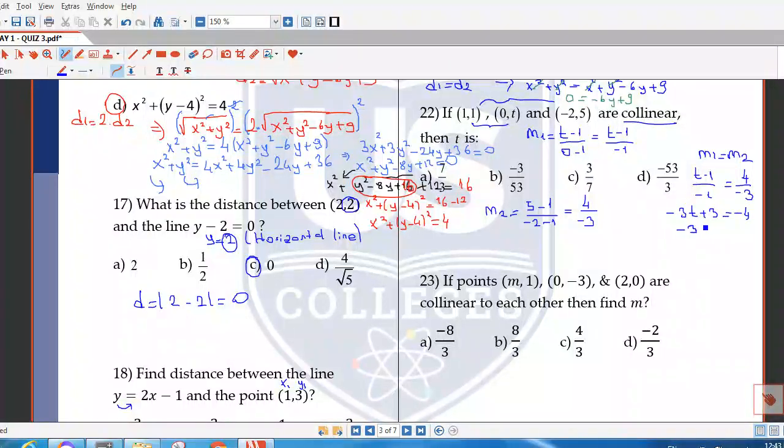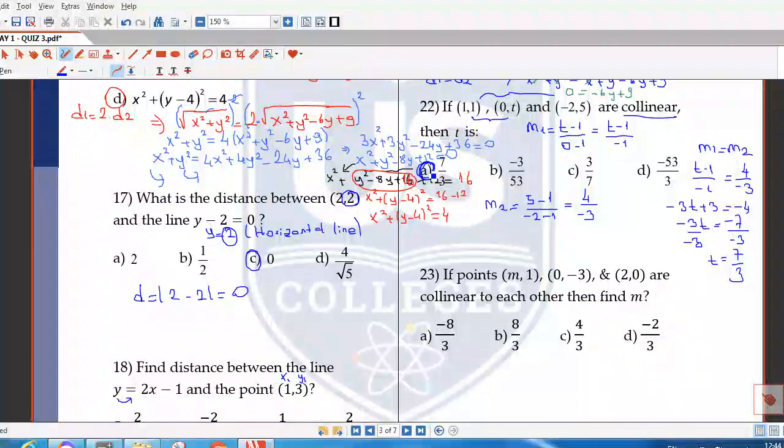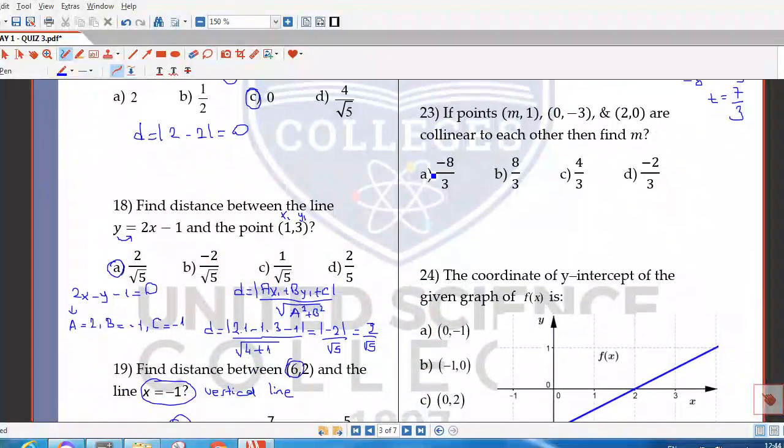Negative 3t is equal to -7. If I divide by -3, t is going to be plus 7/3. To be collinear, the value of t should be 7/3. Answer is A.